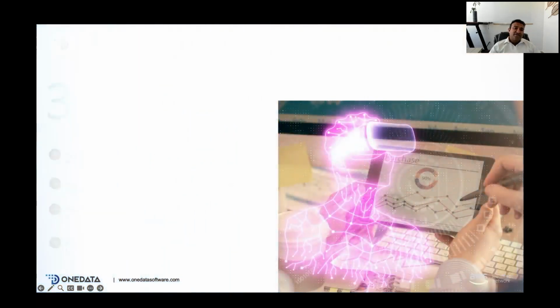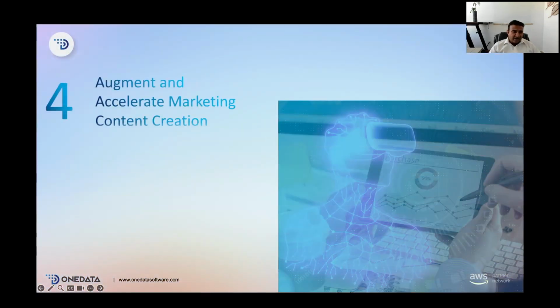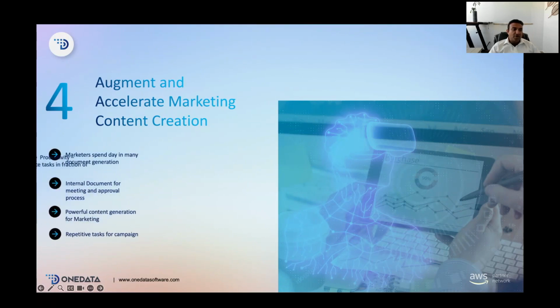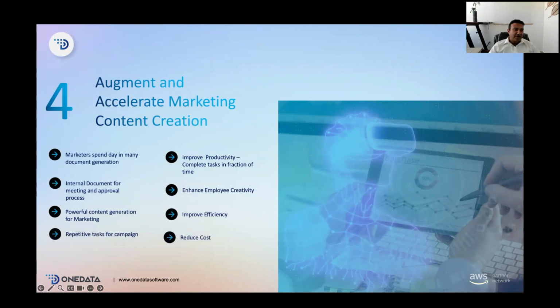The content creation is very powerful. I know most of you are all using ChatGPT or whatever the way to create content. It's not only content creation, but also automating the process, like, for example, internal meeting approval process, the marketing and sales tasks, repetitive tasks for campaigns.